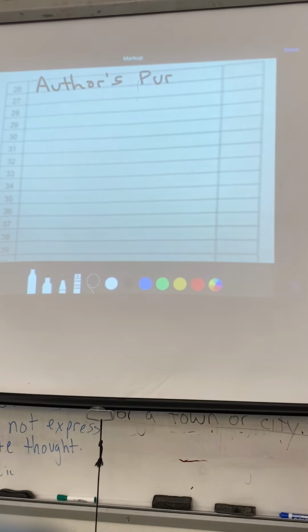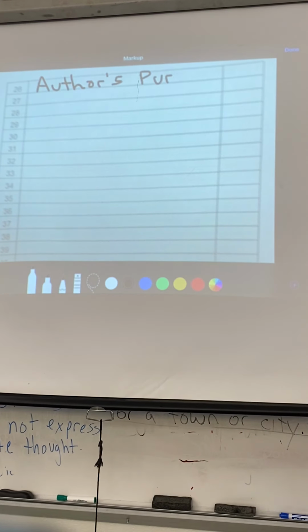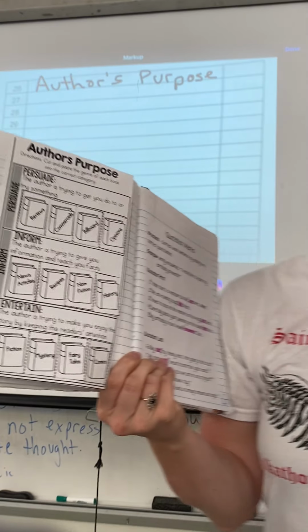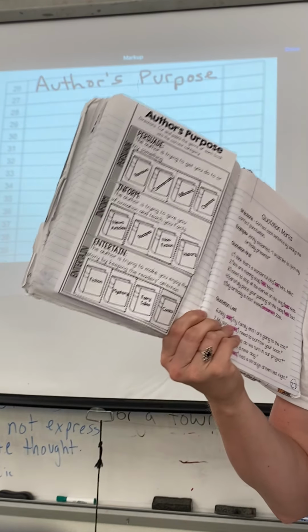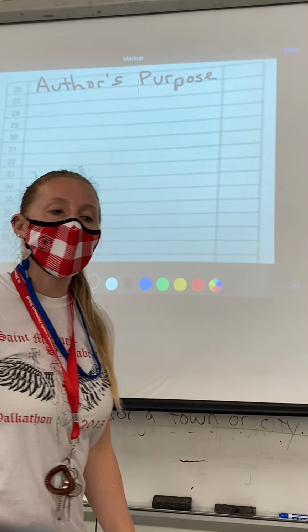Because that is this next page right here, 27 is the last page. Author's purpose. These are the 2 last pages. If for some reason you couldn't write author's purpose on 26, maybe try to fit it, make a line underneath or something, trying to fit it in another way, show that it's 26.